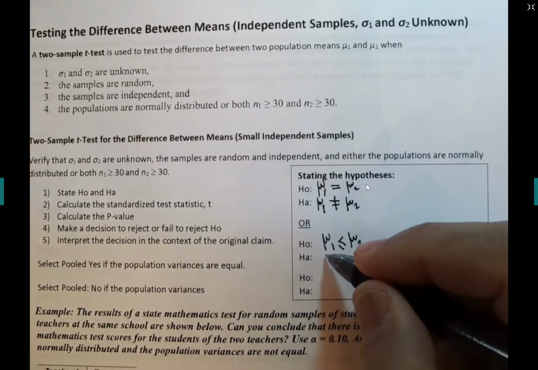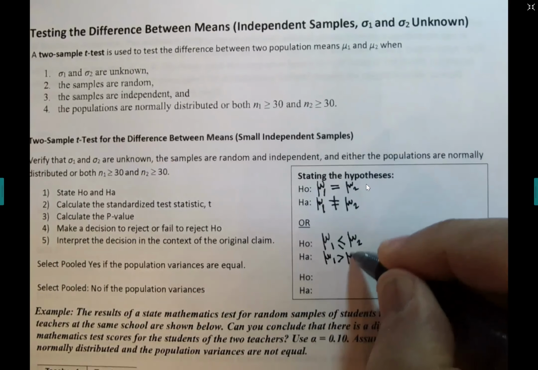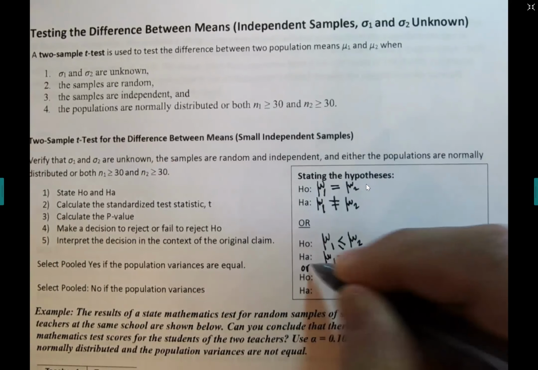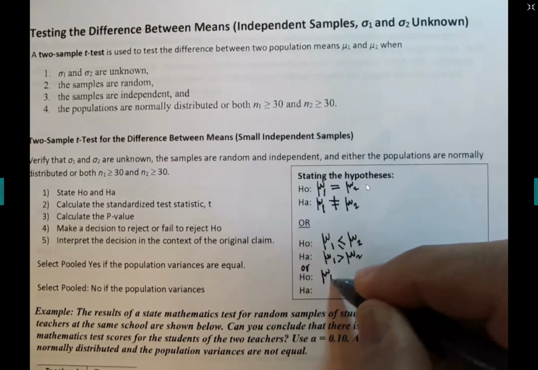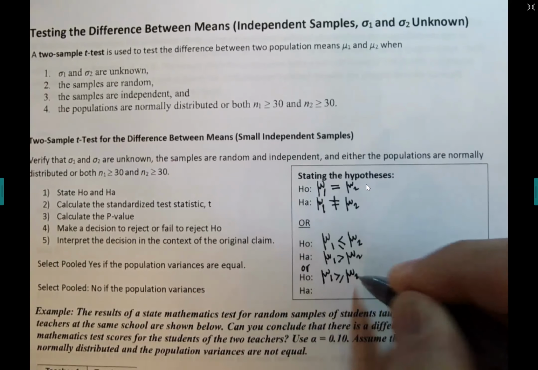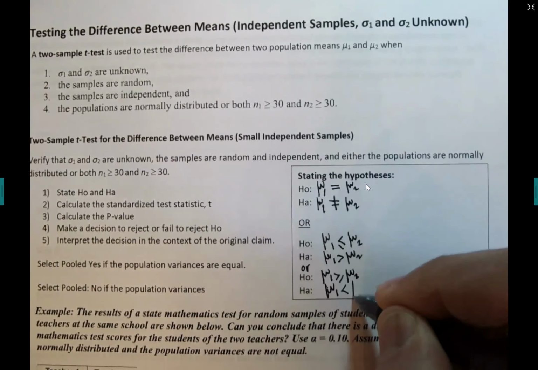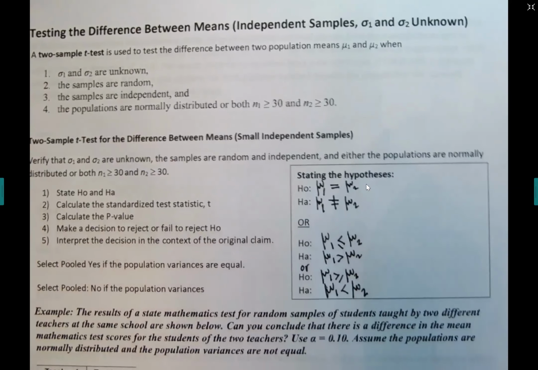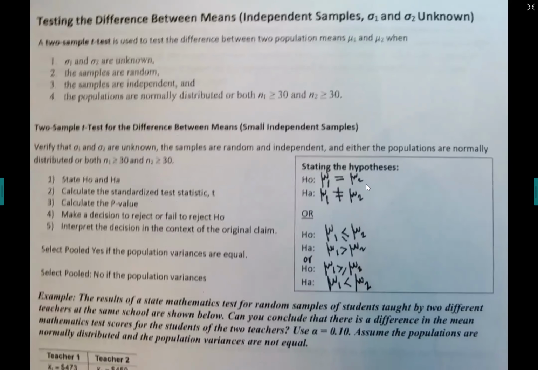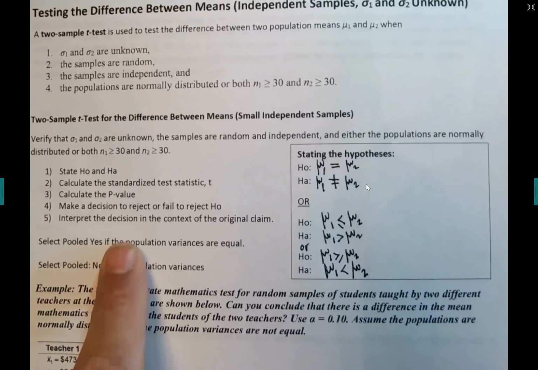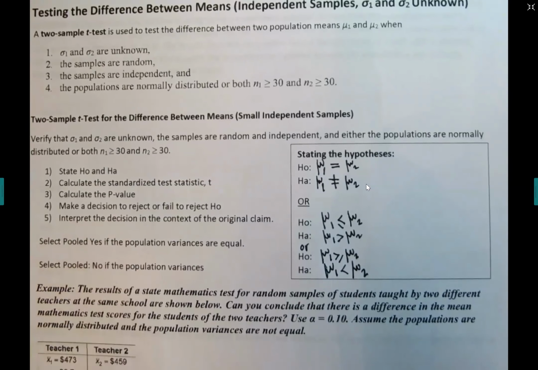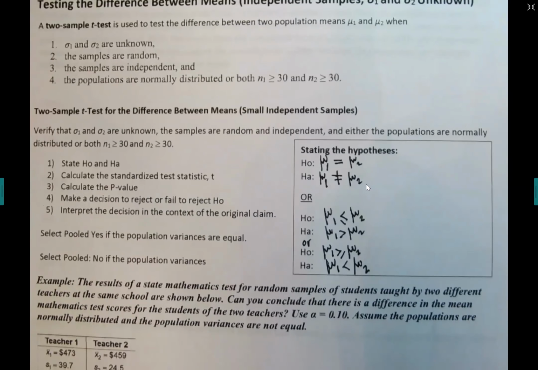Then the next one will be mu1 is greater than mu2. And I should put or here. It could be mu1 is greater than or equal to mu2, so mu1 is less than mu2. All right. I will come to this in a second here. You're gonna see what this means in a second.